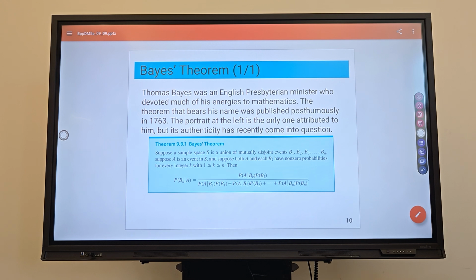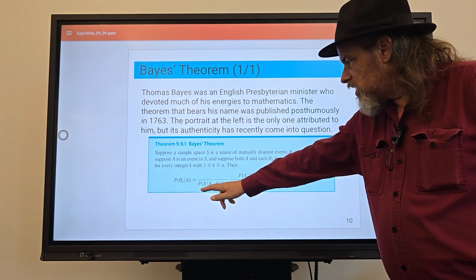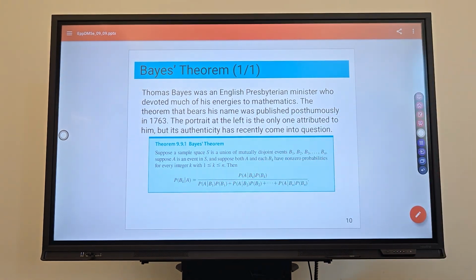Then the probability of B sub k occurring given A is given by this formula here.